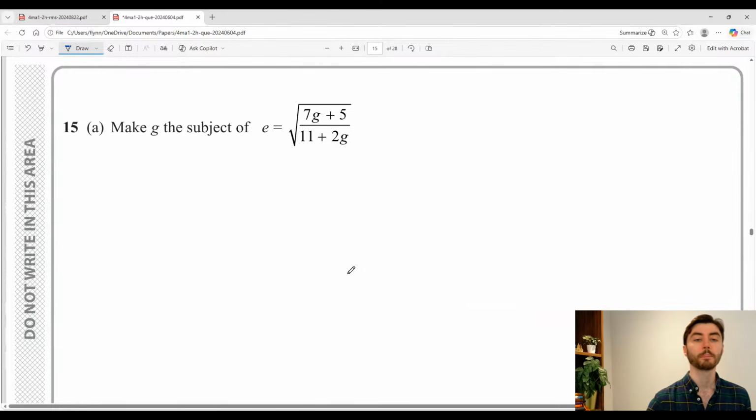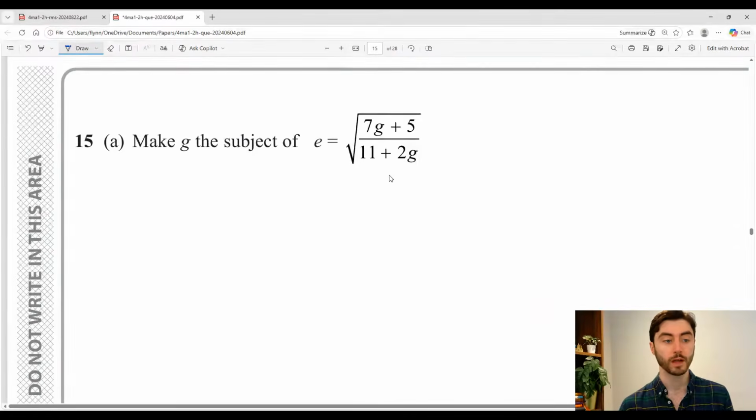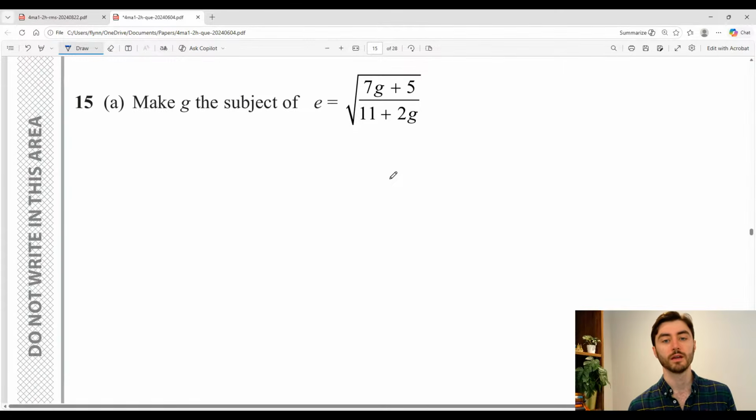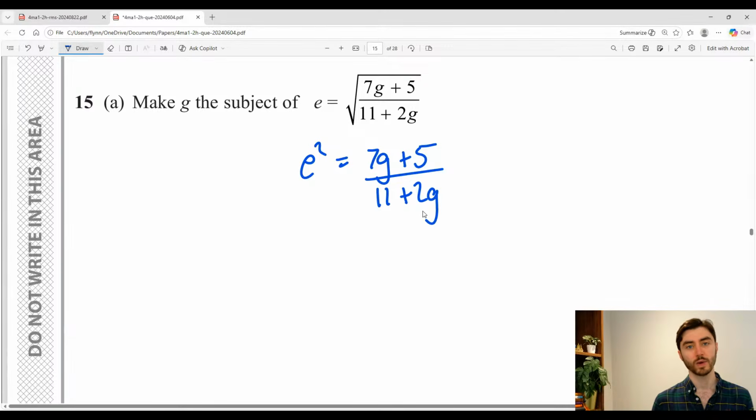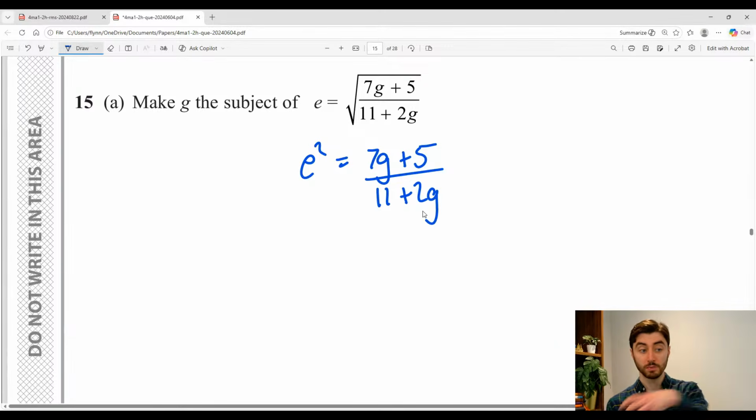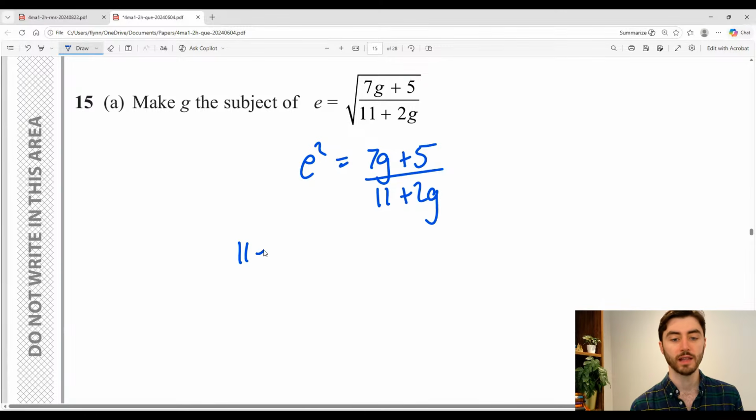So here, making g the subject, what I've got to do is first square both sides to get rid of that. So we're going to slowly unwind everything. Now, the classic way of solving these is to multiply to get everything on one line. So when I do that, I'll get 11e squared plus 2e squared g is equal to 7g plus 5.